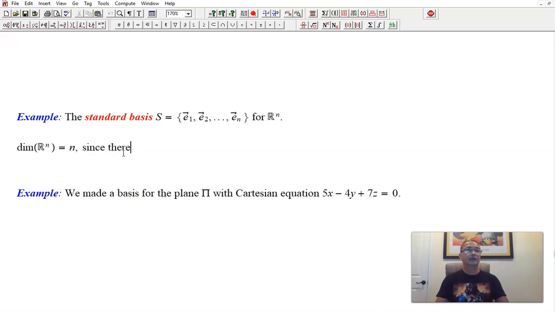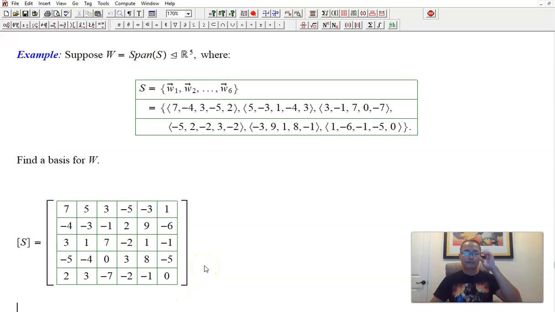What about our second example? We made a basis for the plane pi and it had 2 vectors. So the dimension of pi is equal to 2. That makes sense. Any flat surface, we call it a 2-dimensional surface. So a plane is a 2-dimensional subspace of R3.